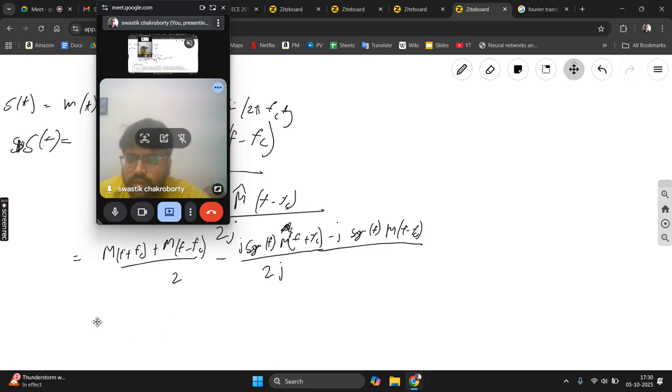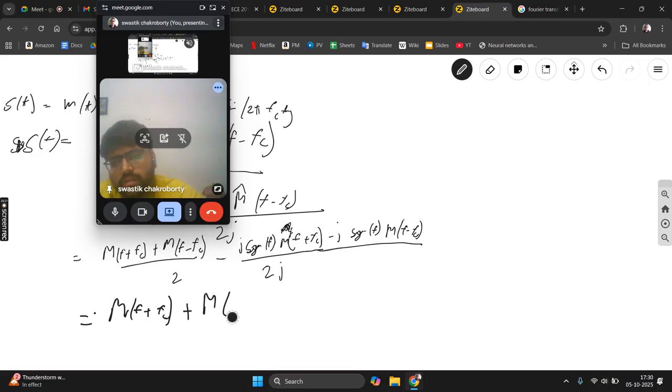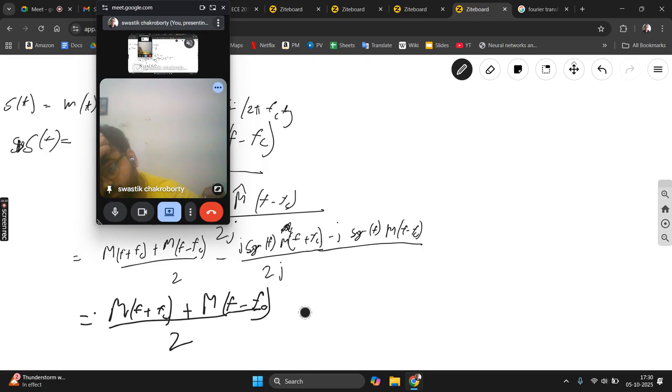This one we can take j sgn(f) as common, so M(f plus fc) plus M(f minus fc) by 2, j will cancel, so minus, this 2 can be taken as common, minus sgn(f).